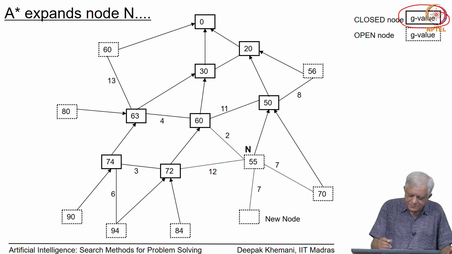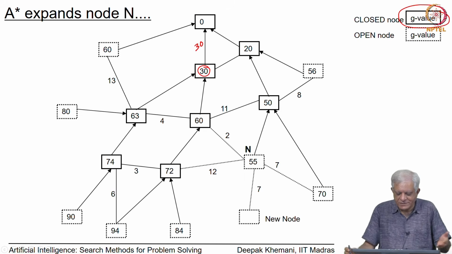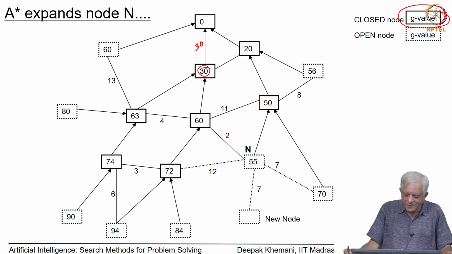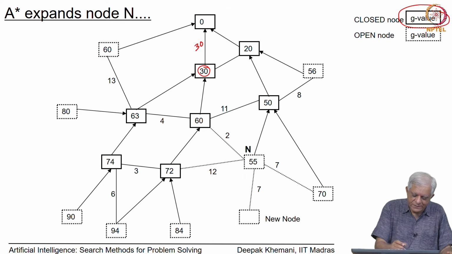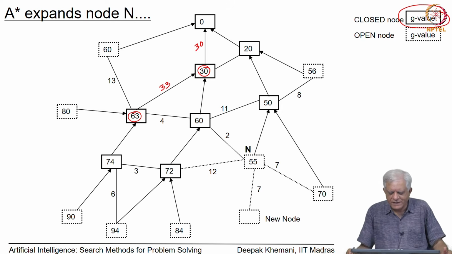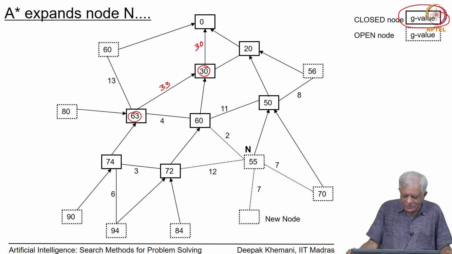So, for example, this node is labeled with a value of 30, and we have not labeled that particular edge, but you can infer that this edge must have been 30, because that is the cost of reaching that node. And likewise, because this value is 63, it would be 30 plus something, and that has to be 33. So, this edge would have been 33. We have not labeled everything, but all the information that you need is here.